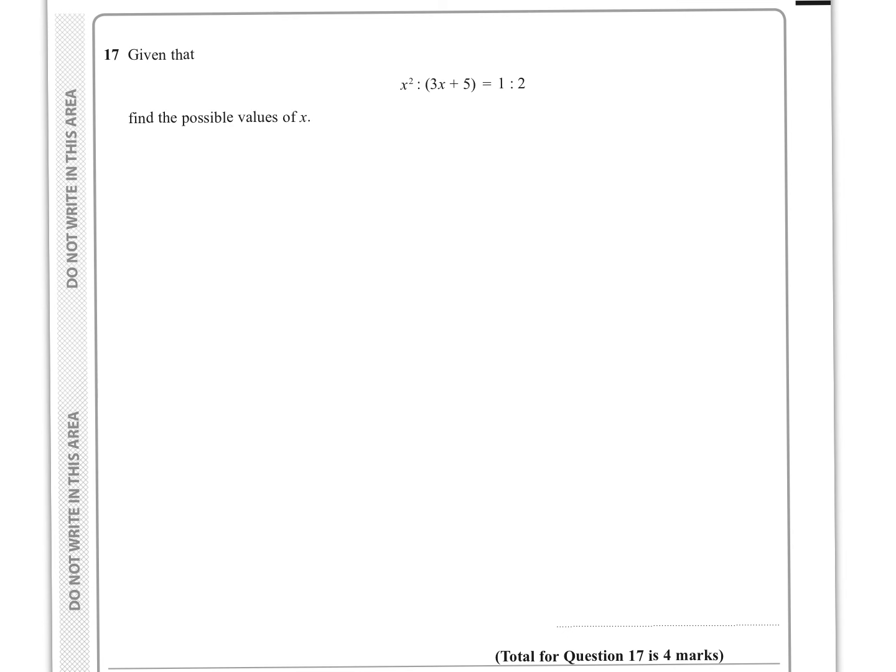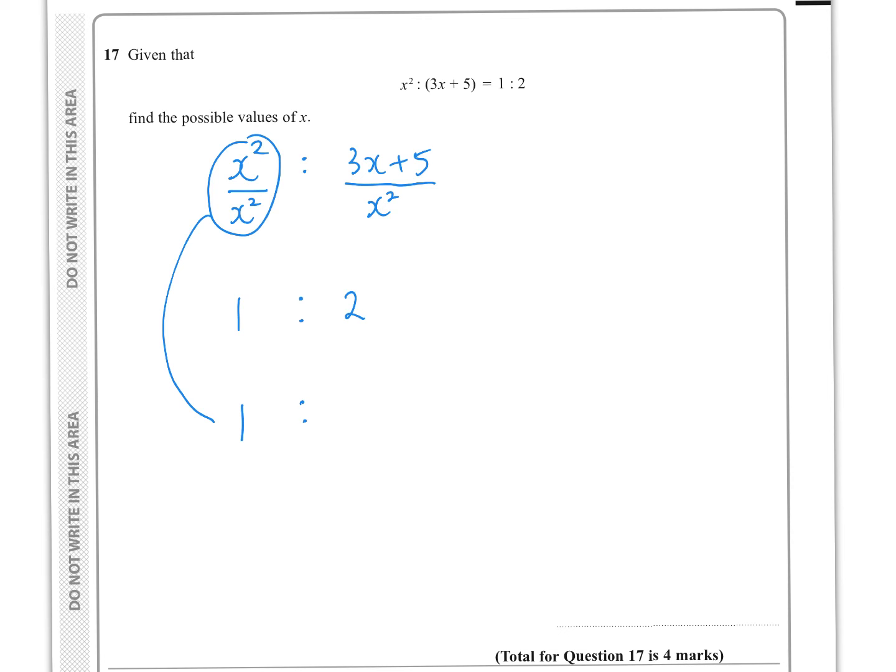Question 17. We can see that x squared to 3x plus 5 as a ratio is the same as 1 is to 2 as a ratio. So if we can make this side 1 by proportionally dividing both sides by x squared, then from here we're going to get 1 again is in the ratio to 3x plus 5 over x squared.